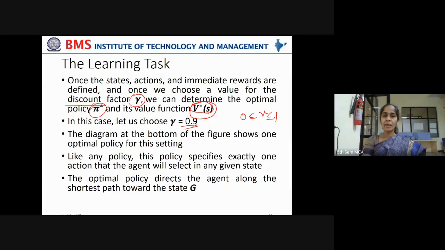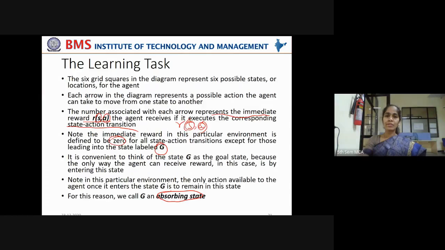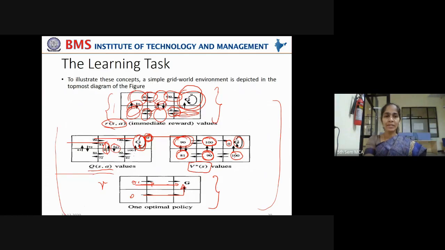Now the diagram at the bottom of the figure shows one control policy for this setting. Like any policy, this policy specifies exactly one action that the agent will select in any given state. See here, this is how these rewards are calculated.